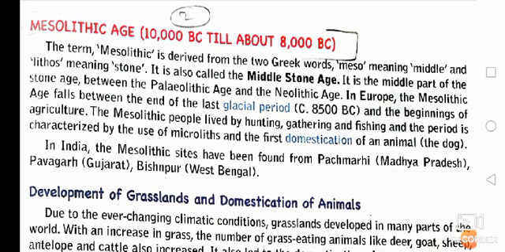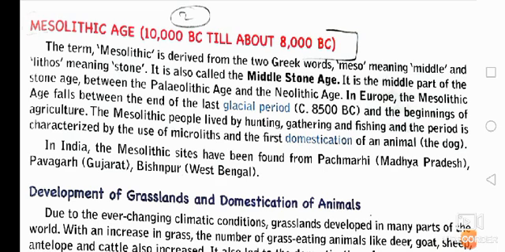The term Mesolithic is derived from the two Greek words meso meaning middle and lithos meaning stone. So it is also called the Middle Stone Age. It is the middle part of the Stone Age between the Paleolithic Age and the Neolithic Age.